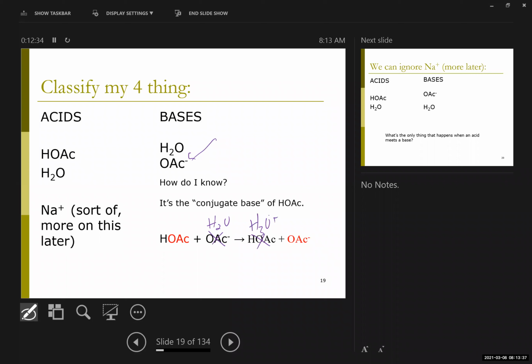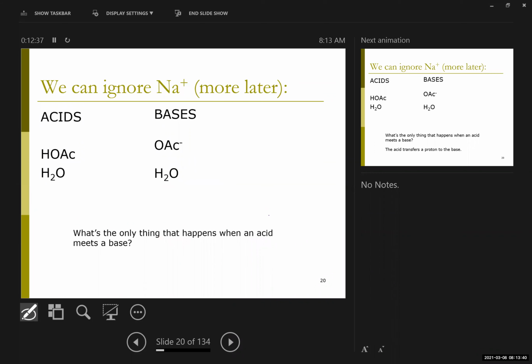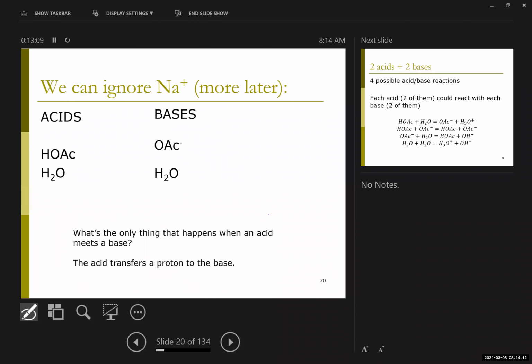And so if I ignore sodium for the moment, because it really is not an acid worth even considering, I actually have two acids and two bases, which brings me to my second big saying. What's the only thing that happens when an acid meets a base? Excellent. A proton gets moved from the acid to the base. Which acid, which base? All of them, because again, my molecules are dumb. They run around the beaker bumping into things. You can't determine who bumps into whom.